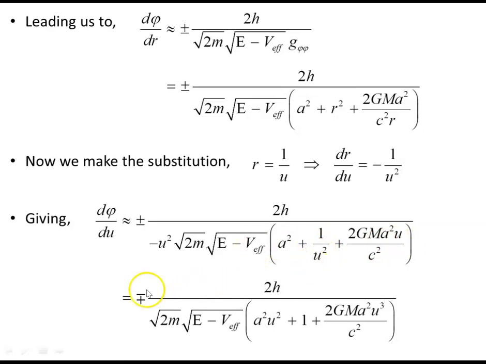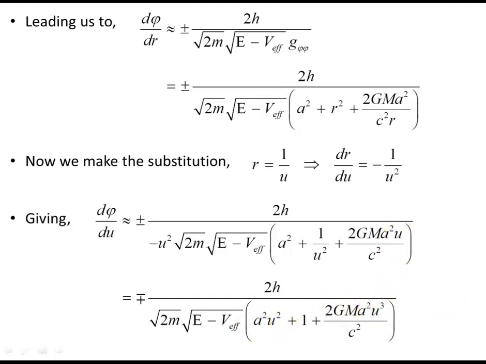What it gives us when we do that is we're now going to have our minus plus, square root 2m, square root of this object here. Now, this becomes a squared u squared. The 1 on u squared, which might have given us trouble during integration, now disappears and just becomes a 1. And then here this u becomes u cubed.